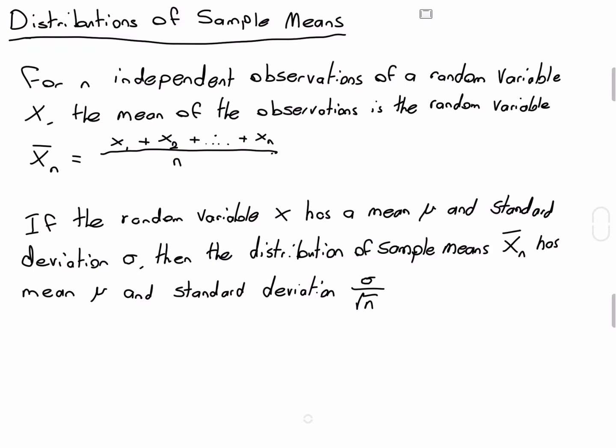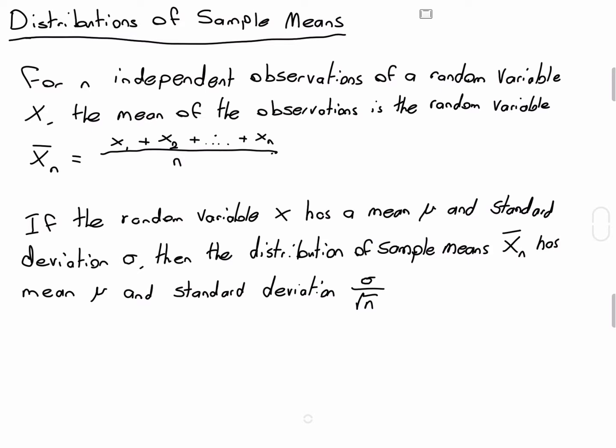So for n independent observations of a random variable, the mean of the observations is the random variable X̄n, X with a line across the top of it. This is just adding all those values of x together and dividing it by how many there are, like I said with the peaches example. We also know that x1 plus x2 all the way up to xn is in fact our sampling distribution, and we could write that as Sn, much like we have been doing.